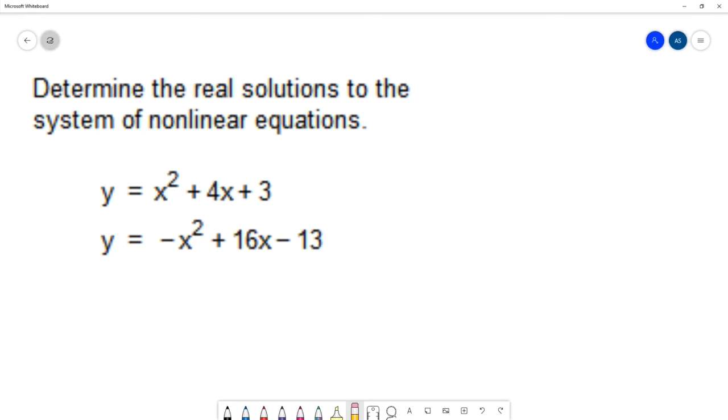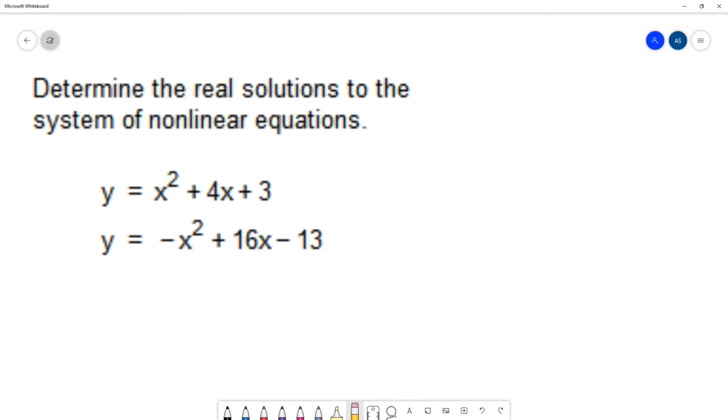In this example, it looks like we might be able to use elimination because we have the y terms being like terms. So we could use the elimination method. We could also use the substitution method because we have y equals. So I'll show you both methods.